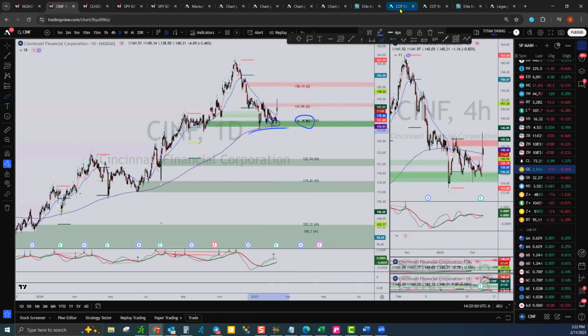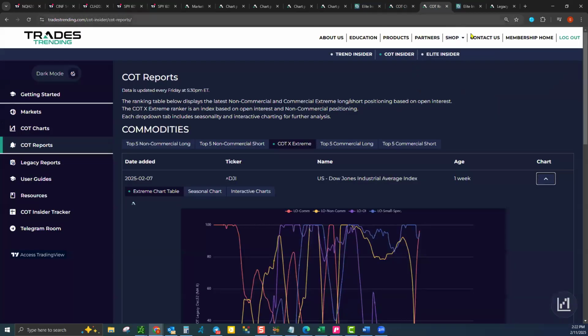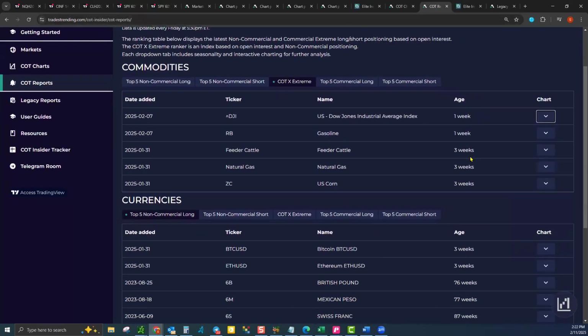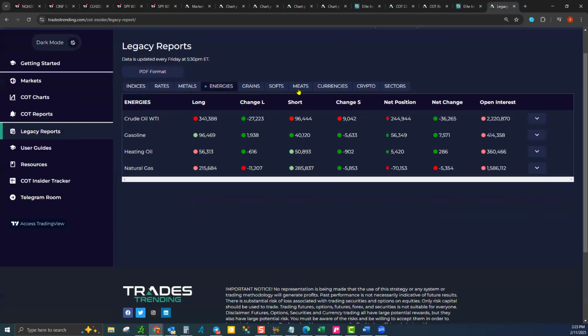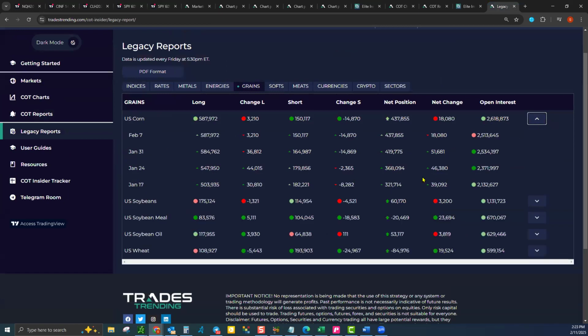Where else am I getting ideas? Well, we're looking at COT data, our COT reports every week. I can see which markets are popping up, which markets are sitting at extreme levels to the long side or the short side. What are the top 5? What is the positioning looking like across these markets? We're long grains because of this right here.